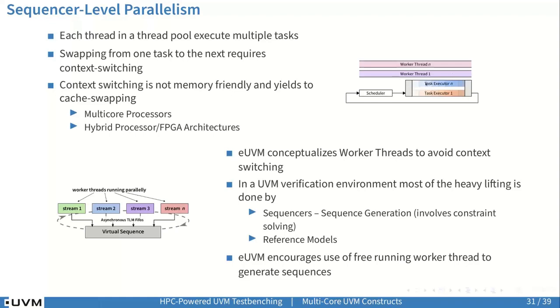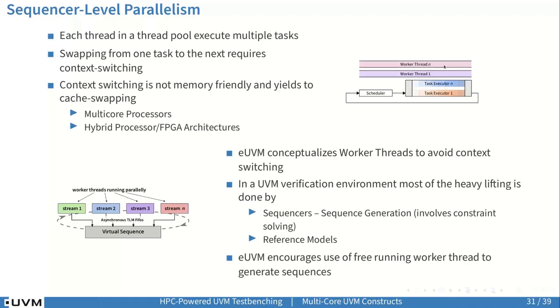For verification, for example, my sequencer will need sequences. Now there is nothing with respect to time that I need to do in a sequence. I just need to randomize it. So I'll have a worker thread for that.